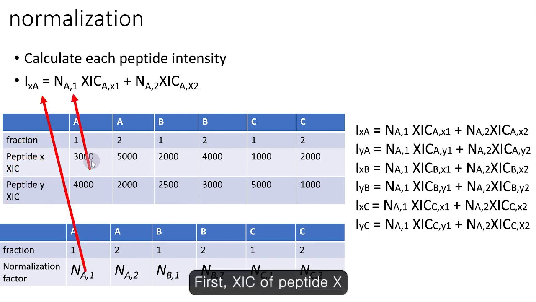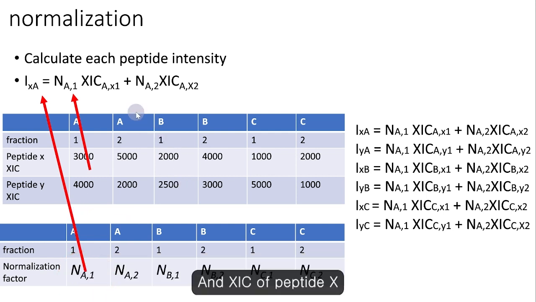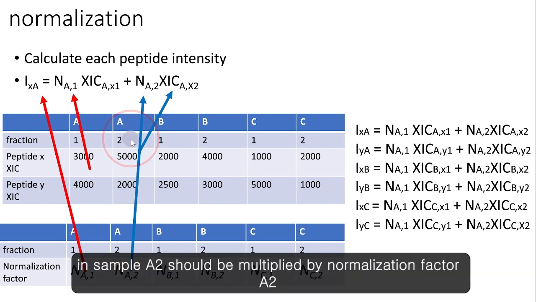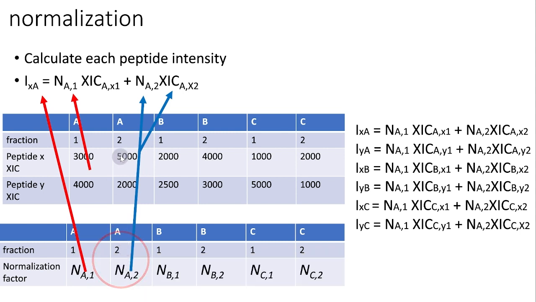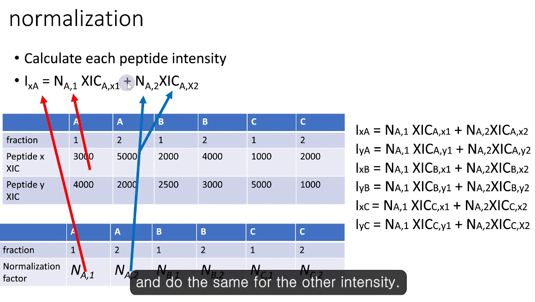First, the XIC of peptide X in sample A1 should be multiplied by normalization factor A1. And the XIC of peptide X in sample A2 should be multiplied by normalization factor A2, and add them together. And do the same for the other intensities.